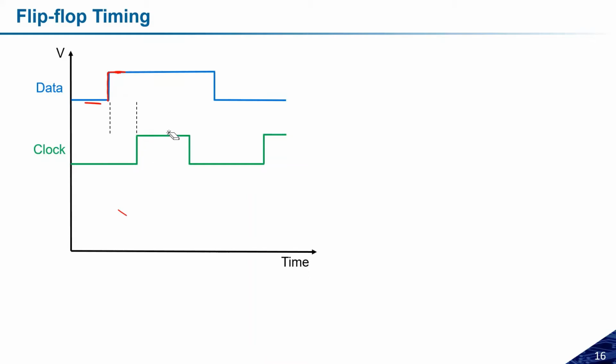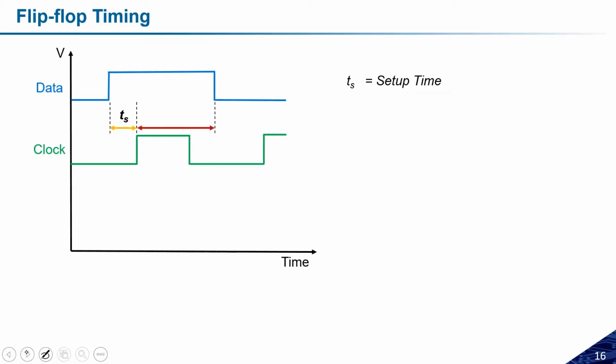So there is a time difference between the data being enabled and the clock being enabled. This we call the setup time. The setup time is the minimum time interval that the data must be present immediately before the activation of the clock.